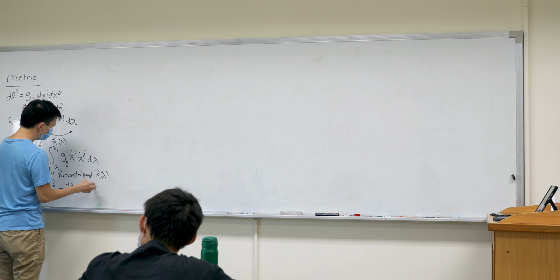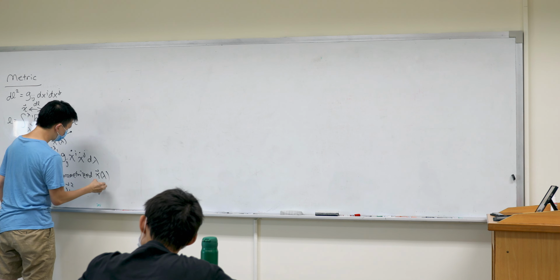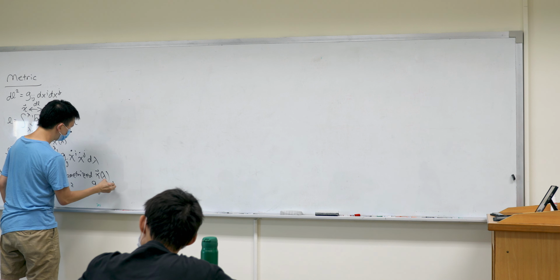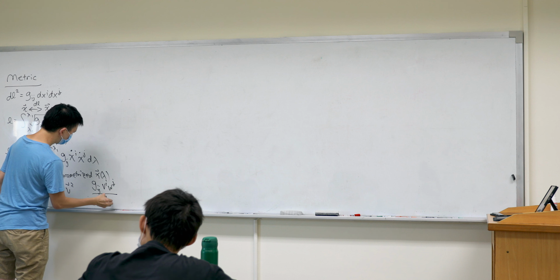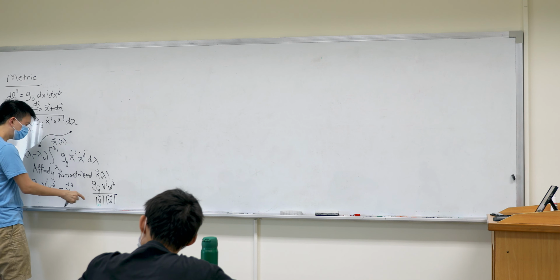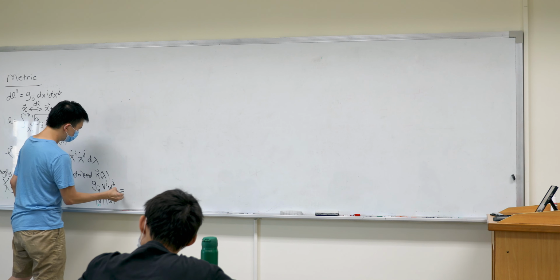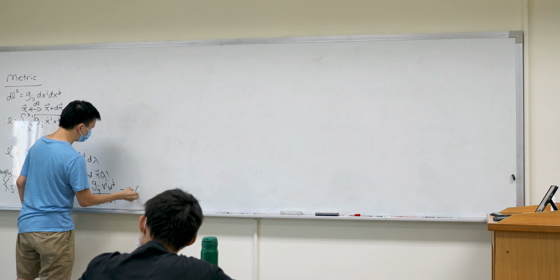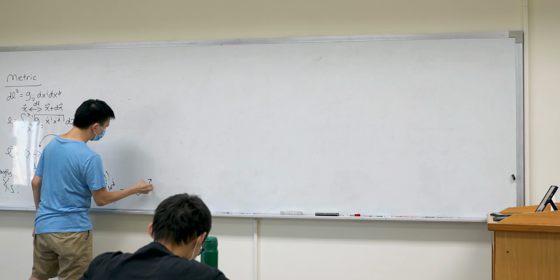So for example, Gij V^i W^j divided by |V||W|. |V| here is just the square root of this, so I won't write it out explicitly. This you can interpret as the cosine of the angle between V and W. So these are tangent vectors.